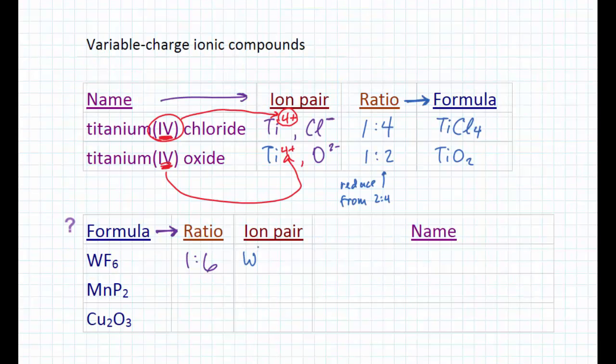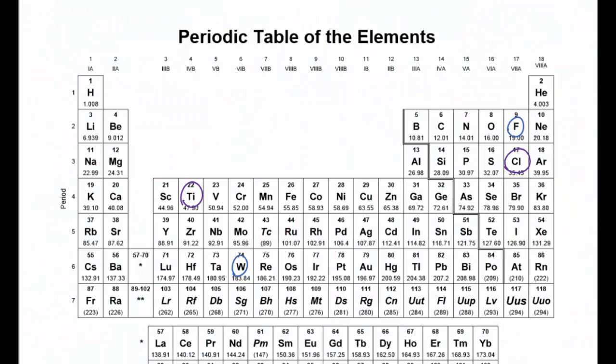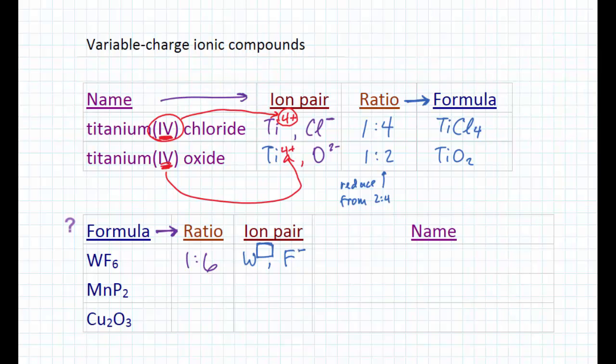So let's draw a box. We don't know yet what its charge is. So let's go on to the anion. What is F's charge going to be? Yeah, single negative. Okay? So you'll always know what the minus charge is. You'll figure out then what the plus charge is.